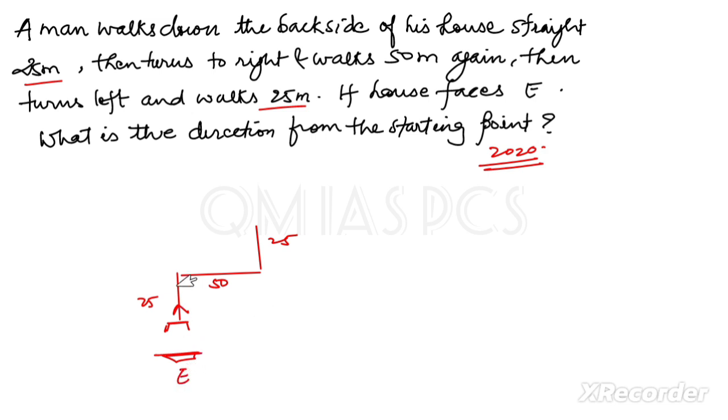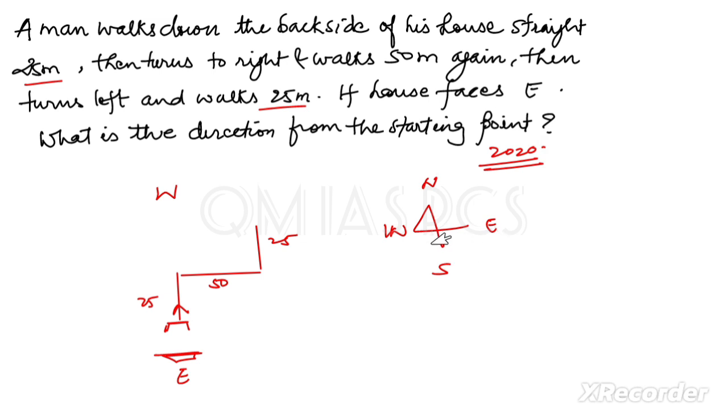If this is east, you can simply write east, west, north, south. If this is east, this one will be west.